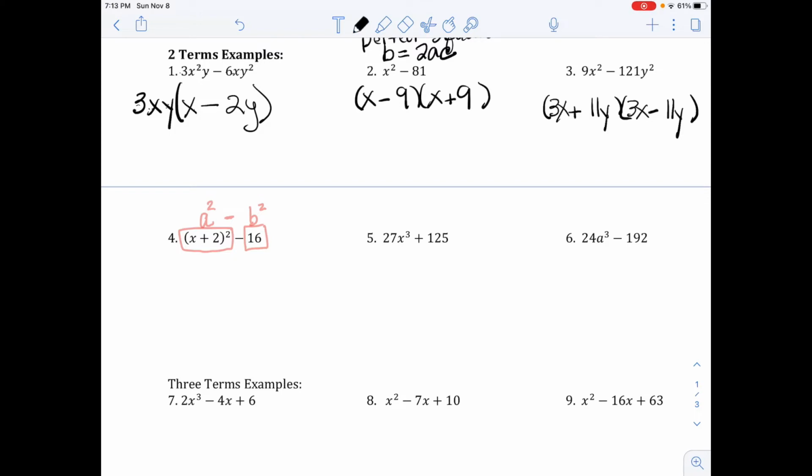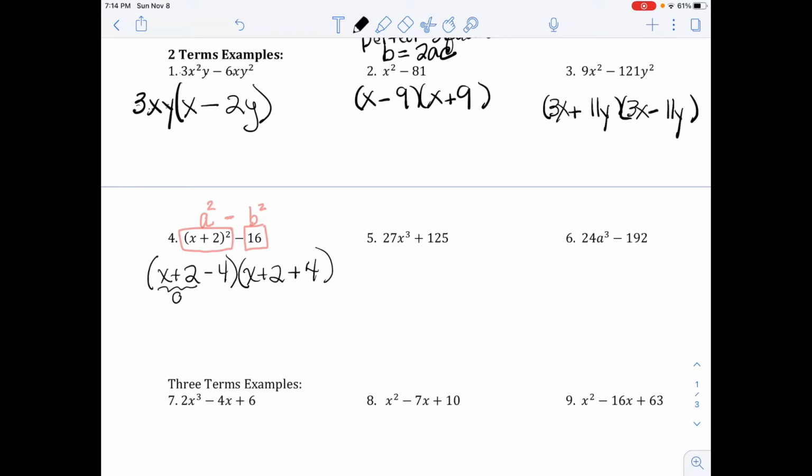So in order to apply the difference of perfect squares pattern, we will have to square root x plus 2 squared, and that's going to give us x plus 2 minus the square root of 16, which is 4, and then x plus 2 plus the square root of 16, which is 4.